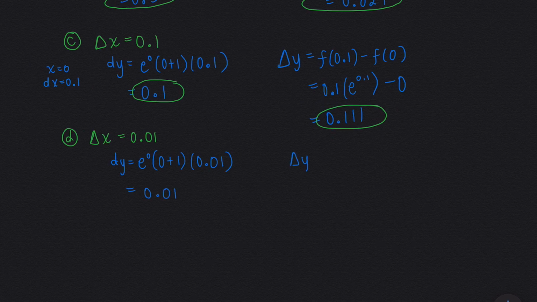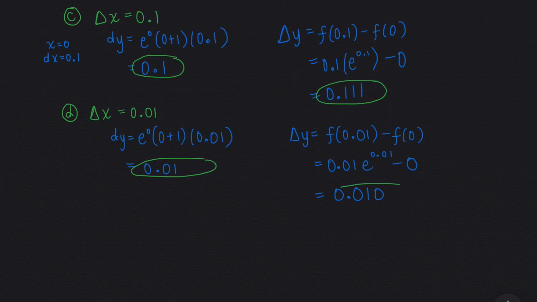Our actual change in y would be f of 0.01 minus f of 0, which is 0.01 times e to the 0.01 power minus 0, and that gives us 0.010. Now look how close these are. Notice that with the previous two answers, if we were to round our change in y's to the nearest tenth or to the nearest hundredth, we would have the same answers for dy and the change in y.